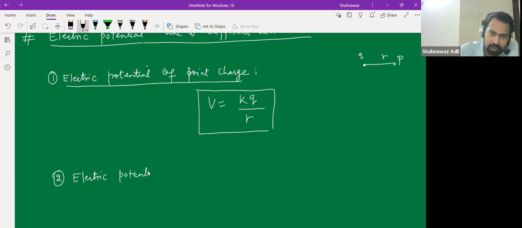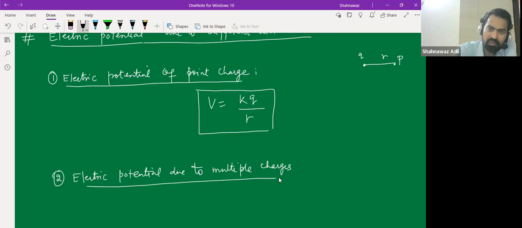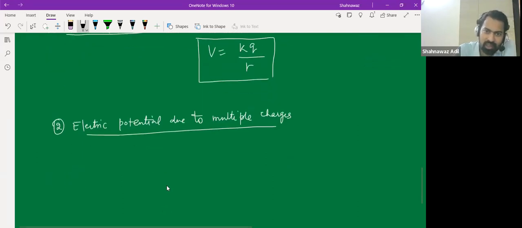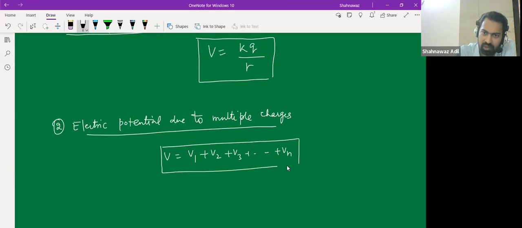Okay, and then we calculated the electric potential due to multiple charges. And we found out that the total electric potential is the algebraic sum of the individual potentials, right? So let's say if we have n charges, the potential would be just the sum of all the individual charges' potentials, right?